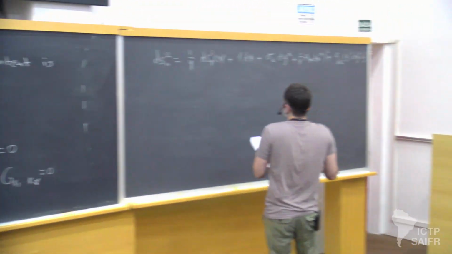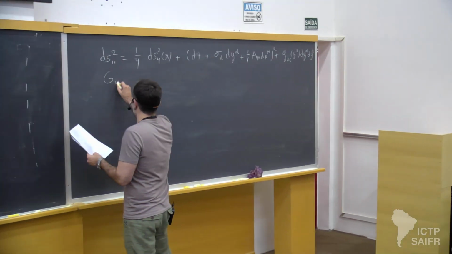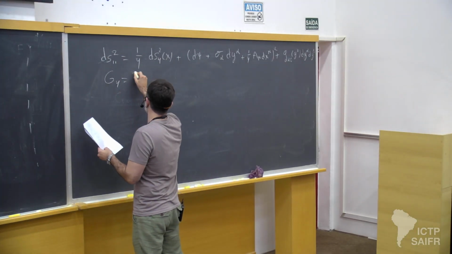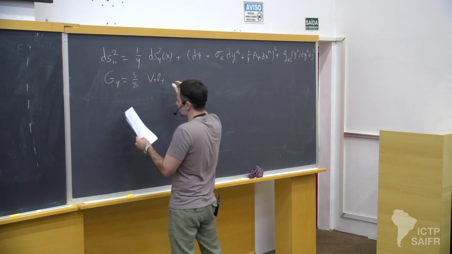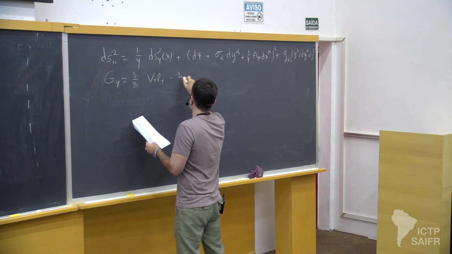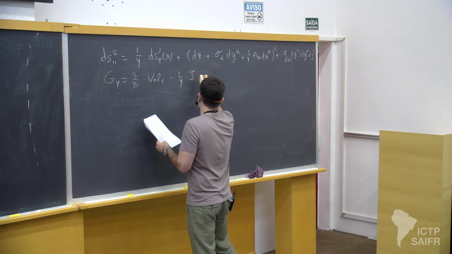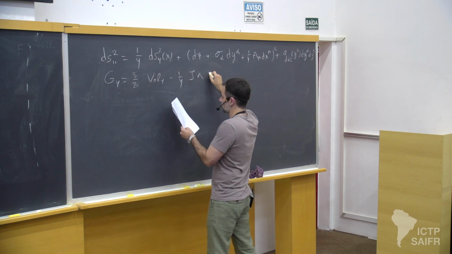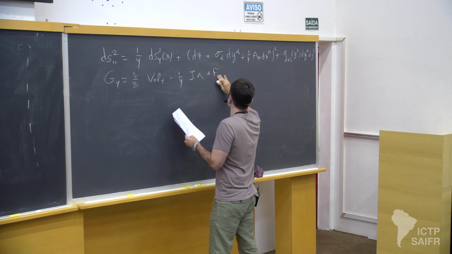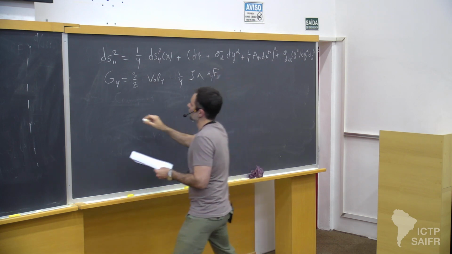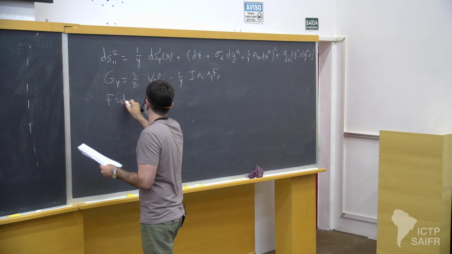I don't want to say too many details about this. And then there is an ansatz that you can write for the 4-form, which is just 3/8 times the volume form of this 4-dimensional space, minus 1/4 times a 2-form on this space, and then the Hodge dual of F, where F is just this field strength.